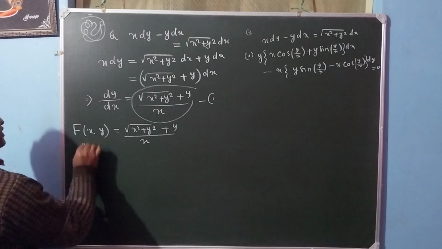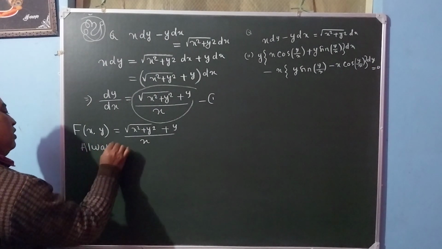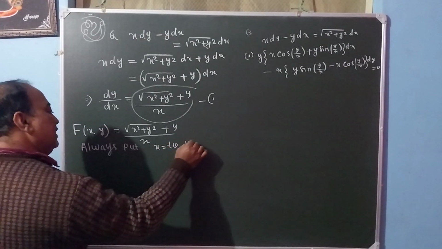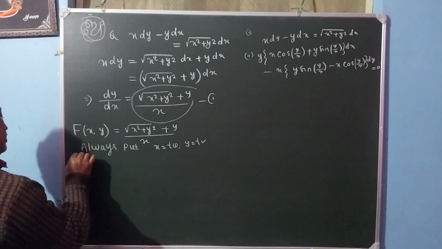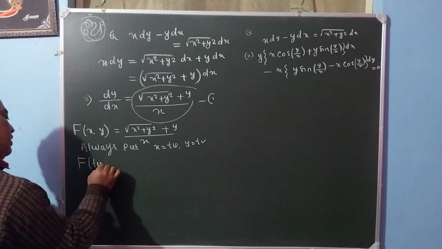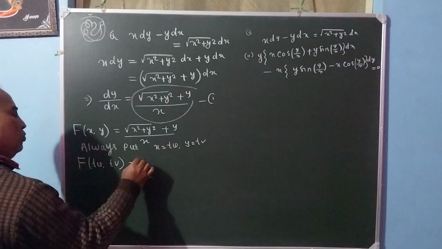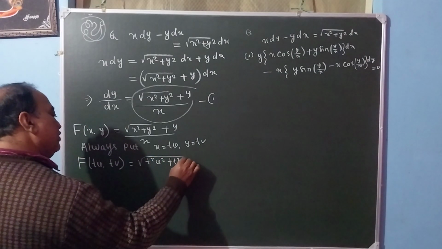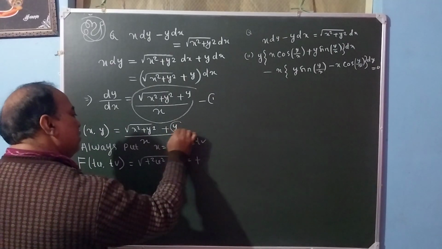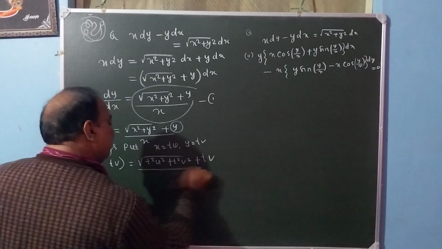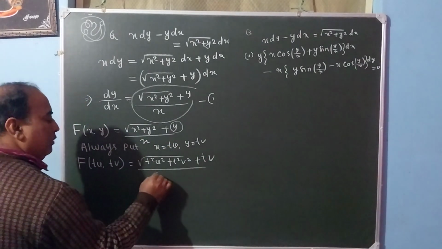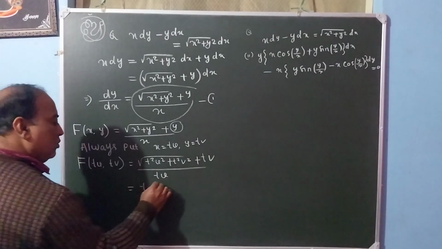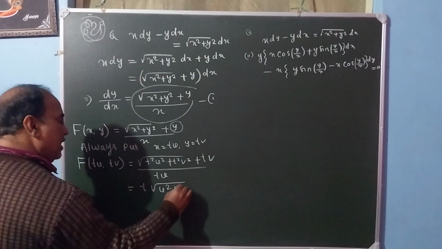So f of tu,tv is equal to root over of t square u square plus t square v square plus, in place of y it is tv, divided by tu. Now t square common, we get t root over of u square plus v square.